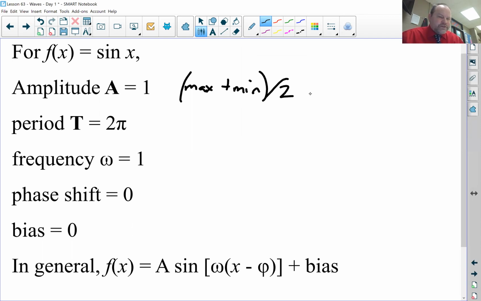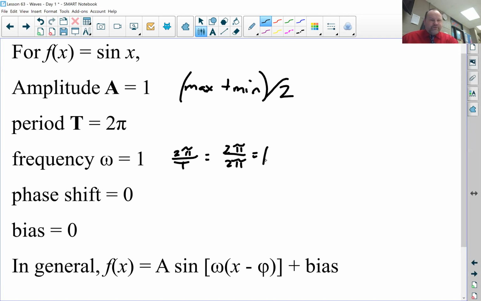The period in this case is 2 pi. The frequency, or angular frequency, would again be 2 pi divided by T, which is 2 pi divided by 2 pi. That's why we get 1. It was not shifted left or right. It was also not shifted up or down. So the phase shift and the bias are both 0.